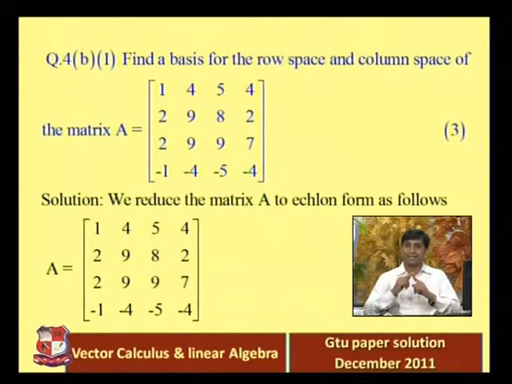Again, I repeat what we have to do here. First of all, we convert this matrix into row echelon form. Then see how many non-zero rows there are.